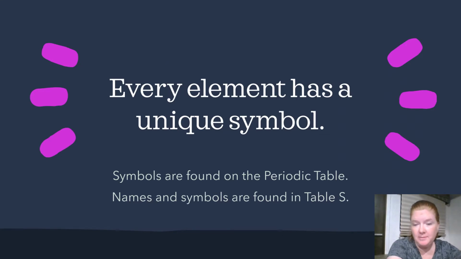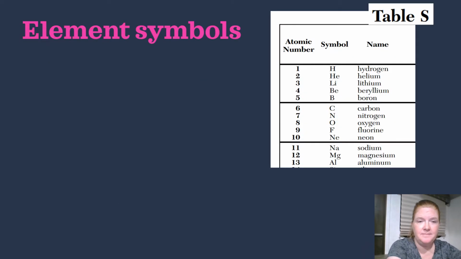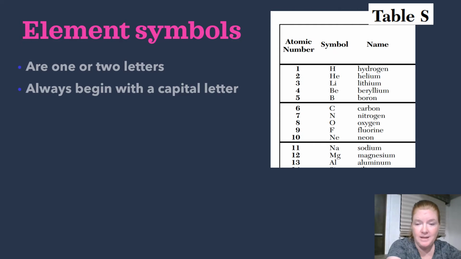Every single element has a unique symbol. The symbols are found on the periodic table, and the names and symbols are found in Table S. So using our reference tables, the element symbols are going to be 1 or 2 letters. Always begin with a capital letter.